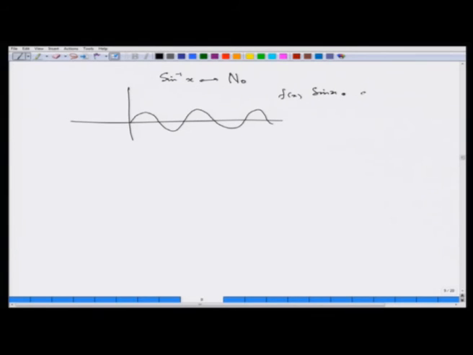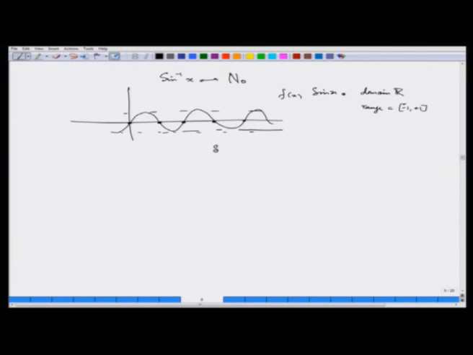whose domain is R and whose range, by the way, is -1 to +1. All the values vary between -1 and +1. So, for such a function, what is the meaning of sine inverse x? Because you see, at this point the sine value is 0, at this point the sine value is 0, at this point the sine value is 0, at this point the sine value is 0.